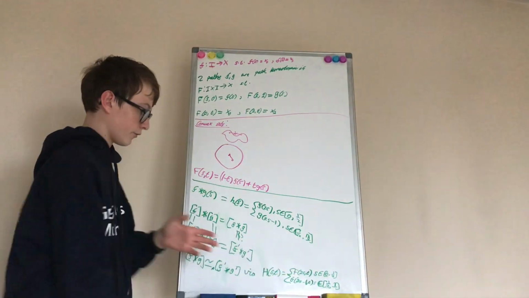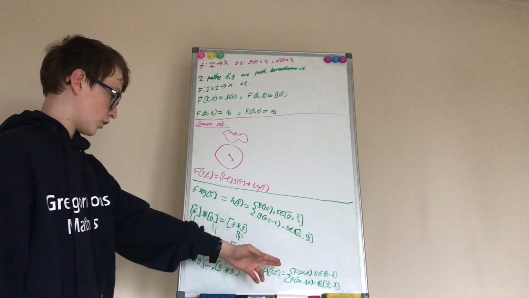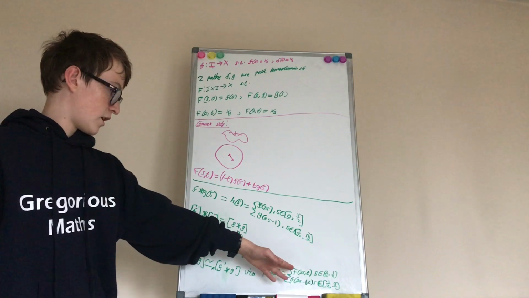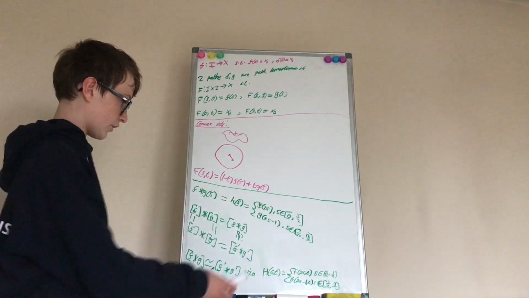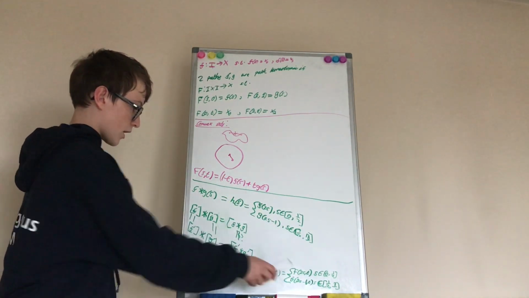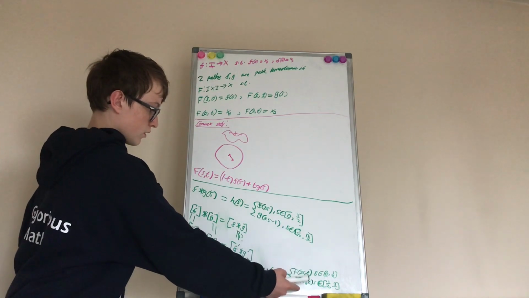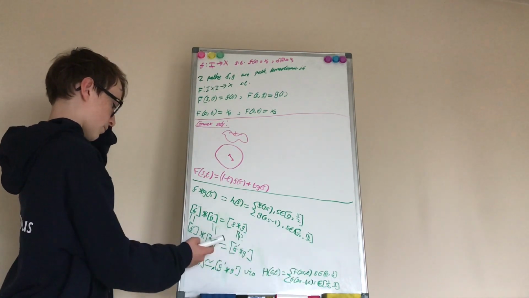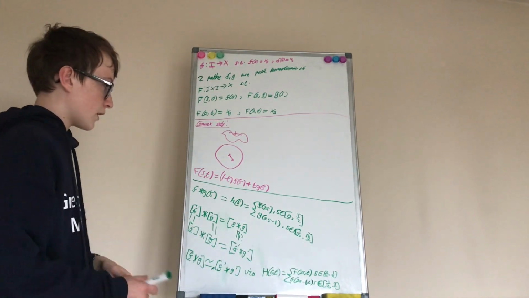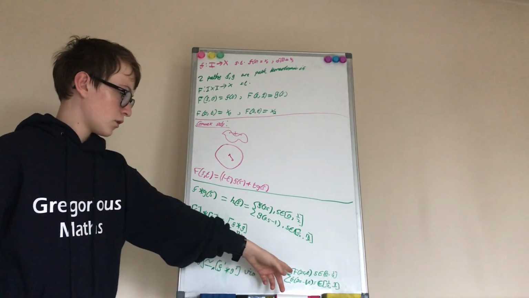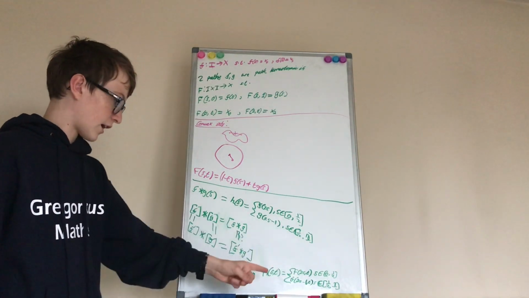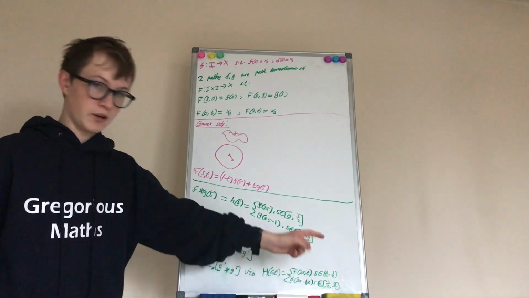Capital F in general was the homotopy between f and f prime, and capital G was the homotopy between g and g prime. So F of 1, t is equal to x1, which is equal to G of 0, t.